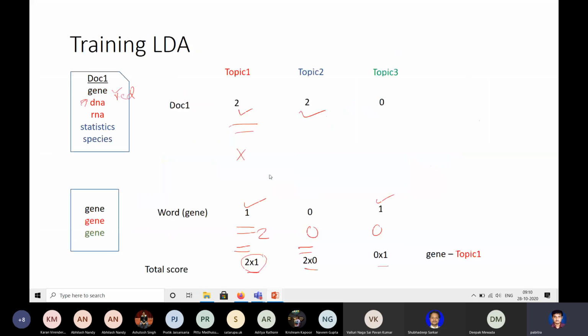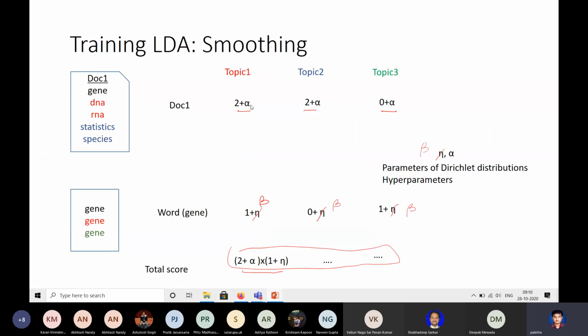As I have told you before, they control how much. So if we put alpha and beta to be 0, they will be completely sparse. They will be one word only. We want a little bit of spread. So the higher your value of alpha, the more spread you have, the more smoothing you have. The lower the value of alpha and beta, the less smoothing you have. So this controls these sparsity parameters.